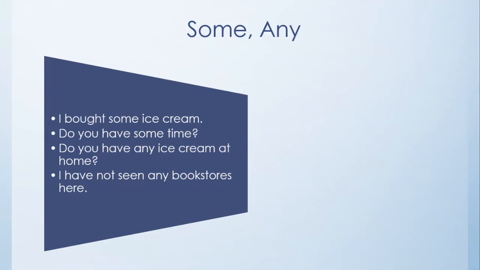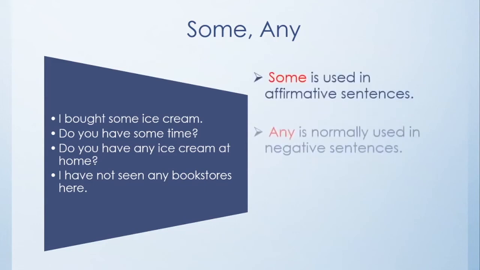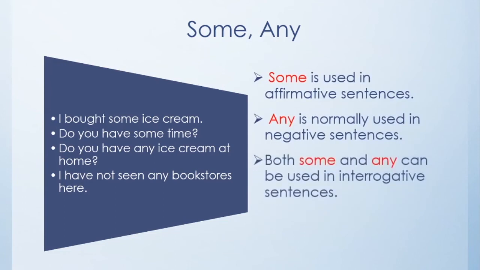I have not seen any bookstores here. Do you have any ice cream at home? Any is used in negative and interrogative sentences. We use any when it is very clear from the question that the answer will be no. So, quantifiers little, a little, the little, few, a few, the few, some, any tell us something about number or quantity.